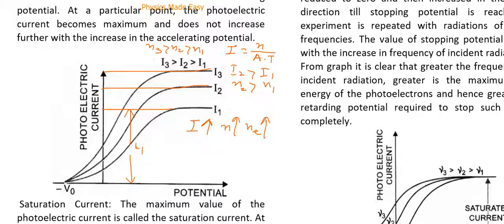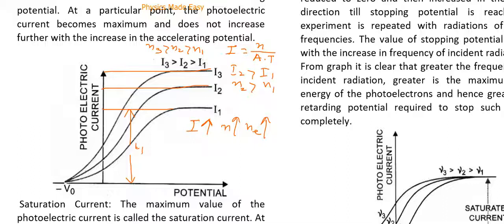It means saturation current increases with the increase in intensity. Even if you compare at any level, even here, the current corresponding to I3 is more than the current corresponding to I2, which is more than the current corresponding to I1.